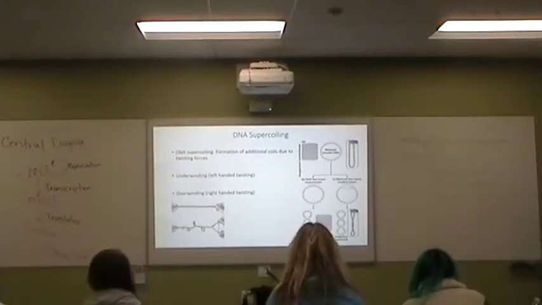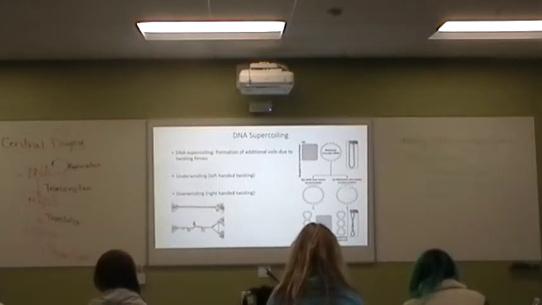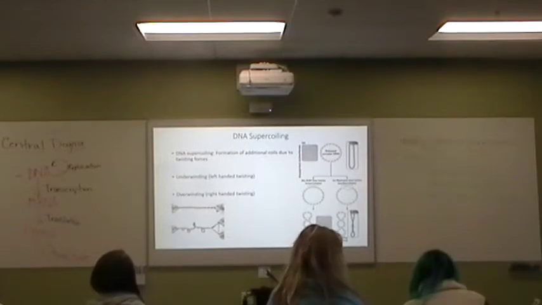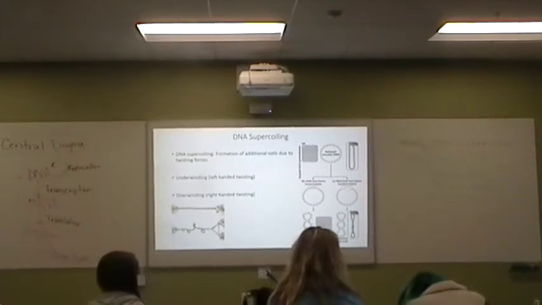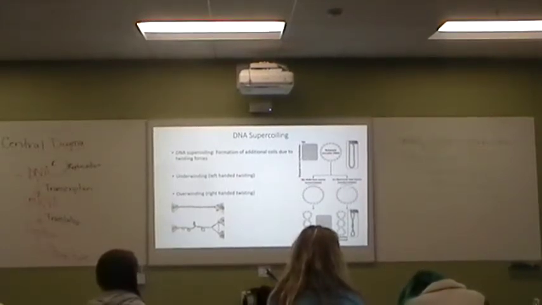If you were to guess which direction a bacterial cell twists its DNA, what would you think? Okay, to the right. So you think that to pack it down, you're going to twist it further in the direction that it naturally twists. Amber's saying no.